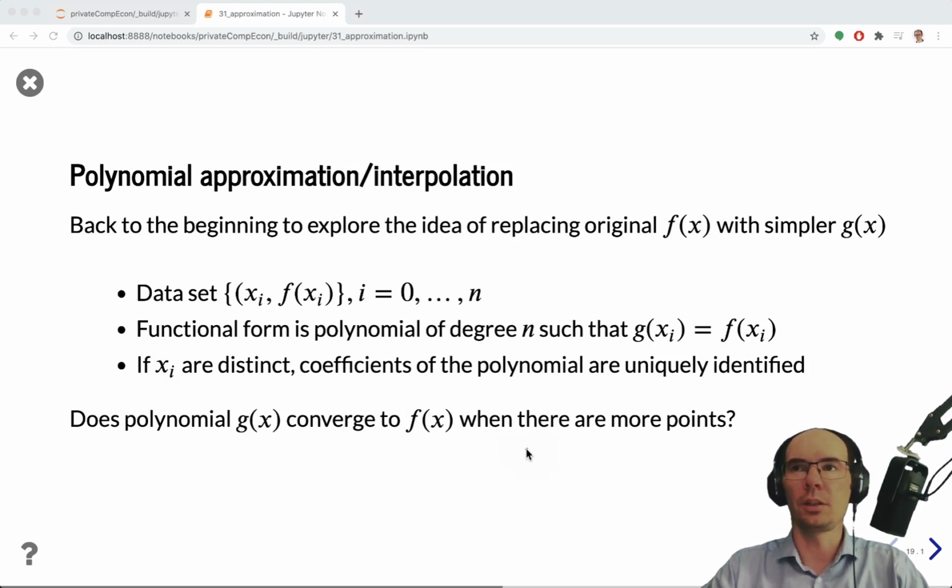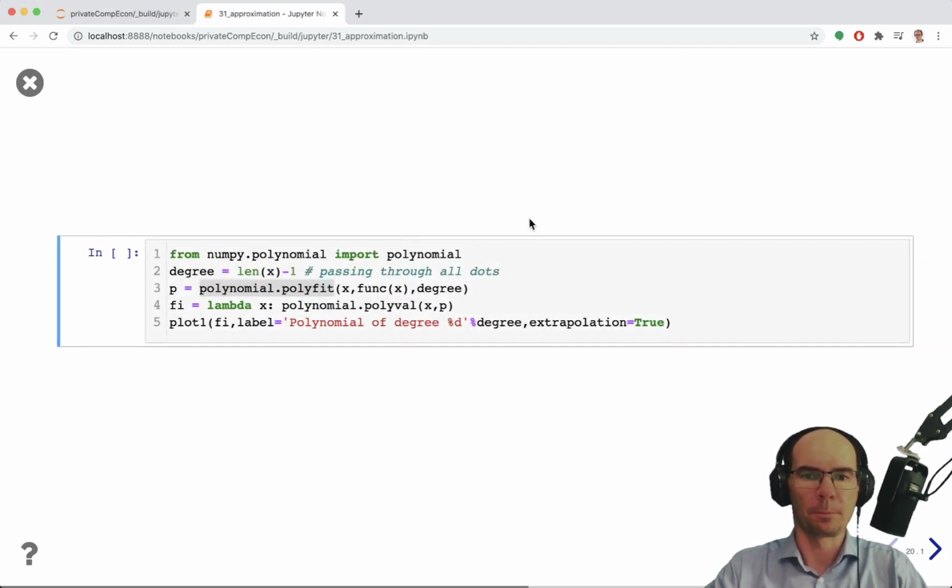Okay, so let's now think what happens if we add more points. Before, adding more points meant that we would have a more accurate representation in the spline case. Does it hold with the polynomial approximation? Let's see. Let's start by looking at how you actually do it.